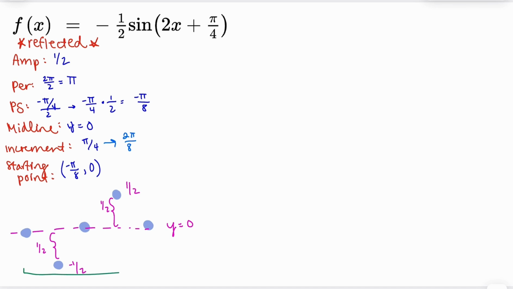My period is pi, but I start at negative pi over 8. So negative pi over 8 plus pi, it's going to be negative pi over 8 plus 8 pi over 8, which is 7 pi over 8. So this should end at 7 pi over 8, start at negative pi over 8.